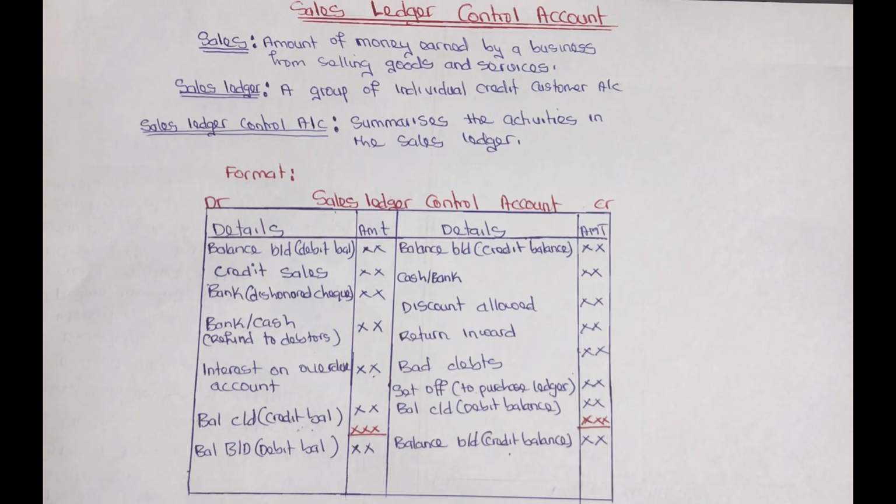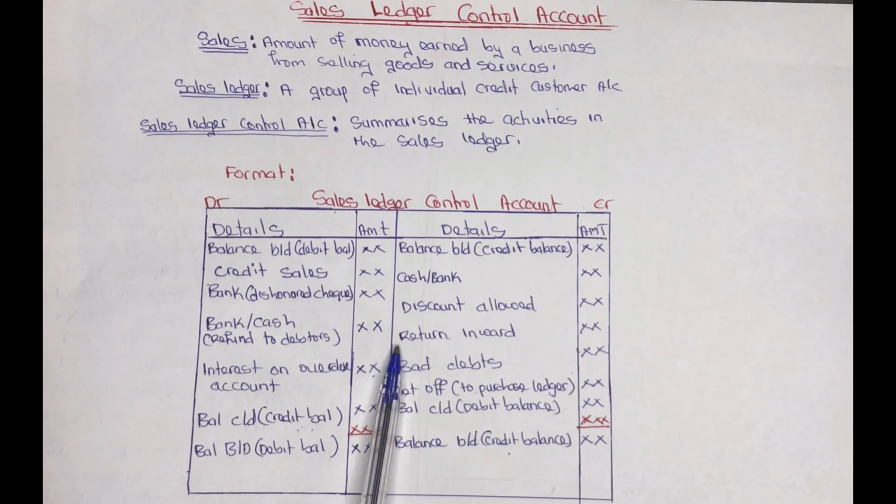The 10% of $10,000 is $1,000. So $1,000 is reduced from the amount that the customer has to pay the business. That $1,000 is the discount the business has given the customer. The discount allowed is gotten from the debit side of the cash book.